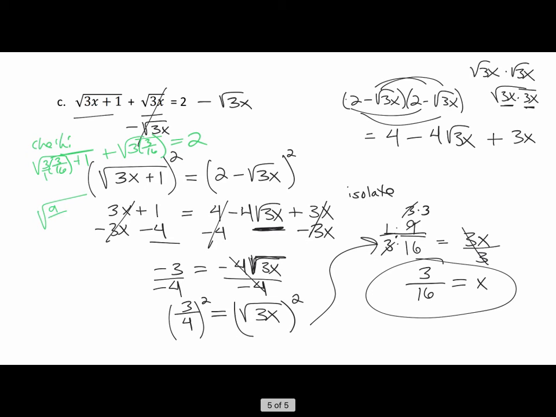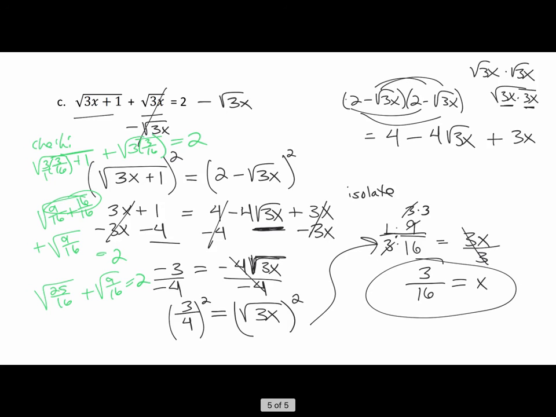So 9/16 plus 1, which I need that to be in sixteenths as well, plus 9/16 should equal 2. Okay, so if we add these together, that's 25/16 for the first radical, plus the square root of 9/16 equals 2.